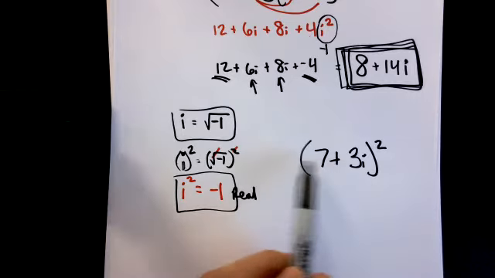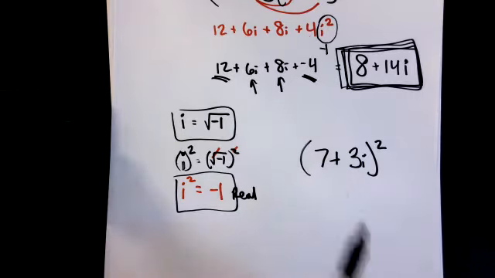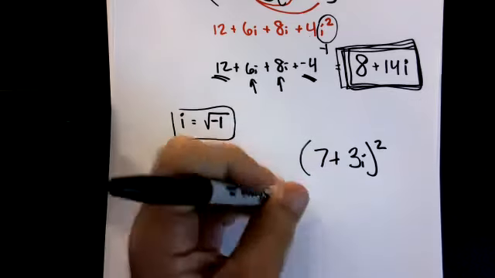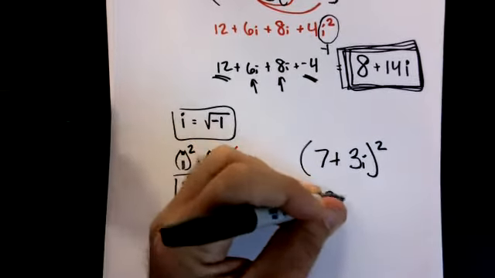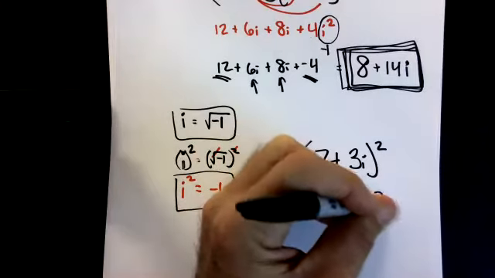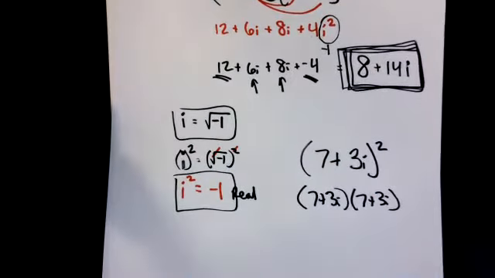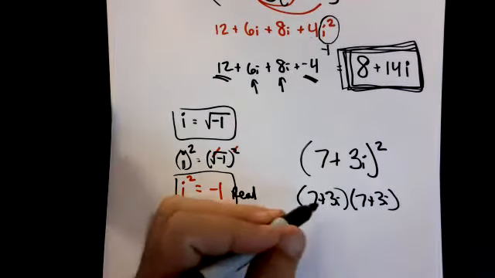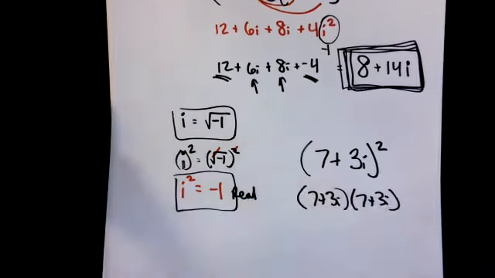Remember, if I'm taking a parentheses squared with an addition in here, this means to take 7 plus 3i times itself. So 7 plus 3i times 7 plus 3i.